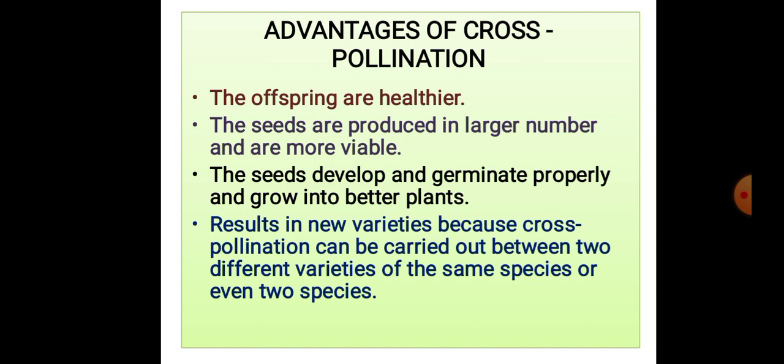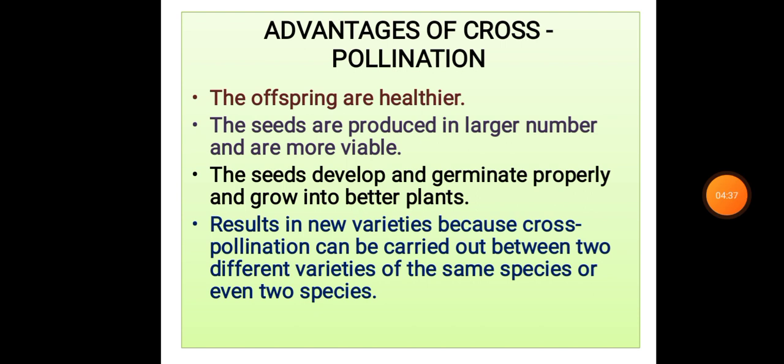The seeds develop and germinate properly and grow into better plants. It results in new varieties, because cross pollination can be carried out between two different varieties of the same species or even two species.